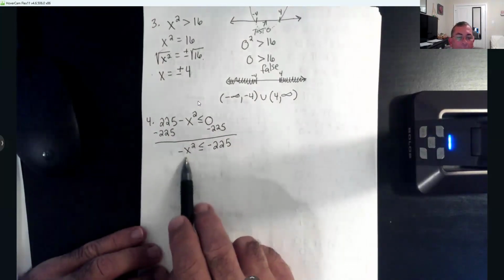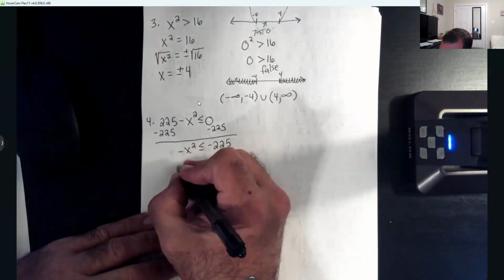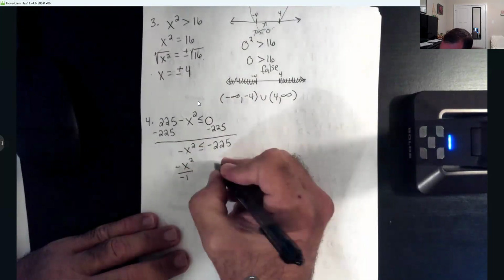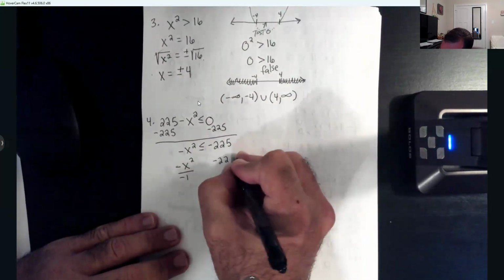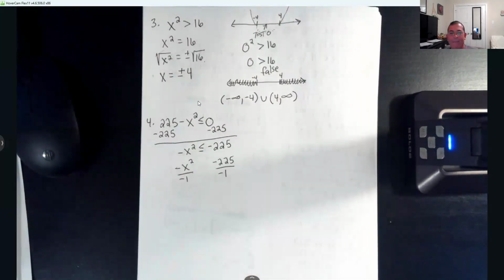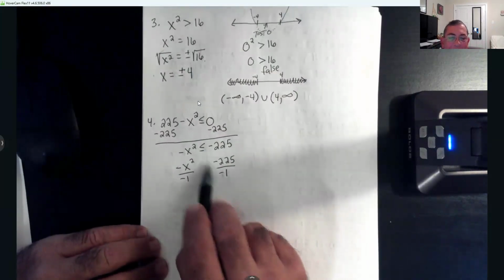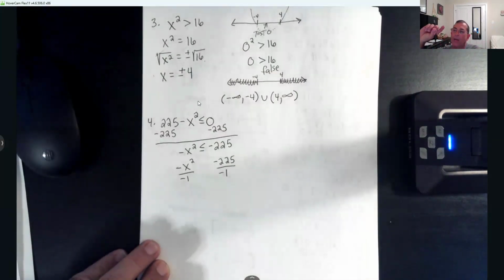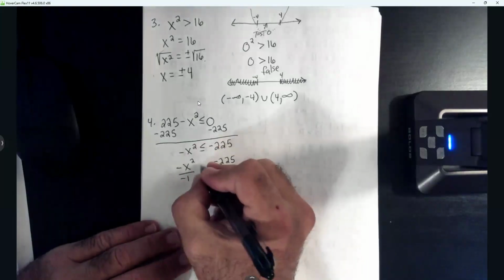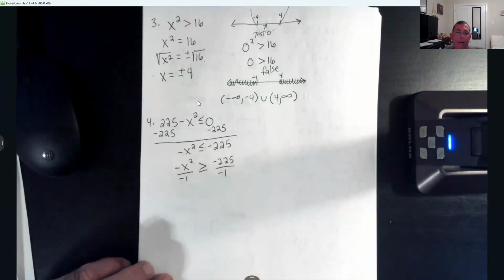All right, now I want that to be a positive x squared, so I'm going to divide both sides by -1. So if I'm dividing by -1, what are you doing? And y'all remember this, if you divide by negative, this inequality, you have to reverse it. So less than or equal now becomes greater than or equal.